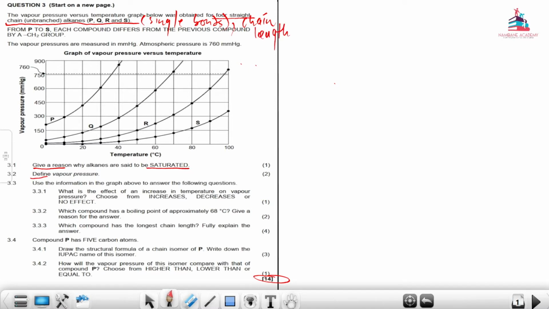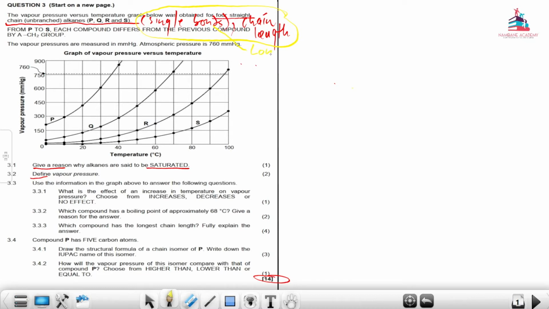So already from reading the stem, I'm able to automatically pick up what the examiner is going to ask me about. Whatever I say now, I can relate it to chain length as well as the single bonds. So once I have single bonds, what else can I say?